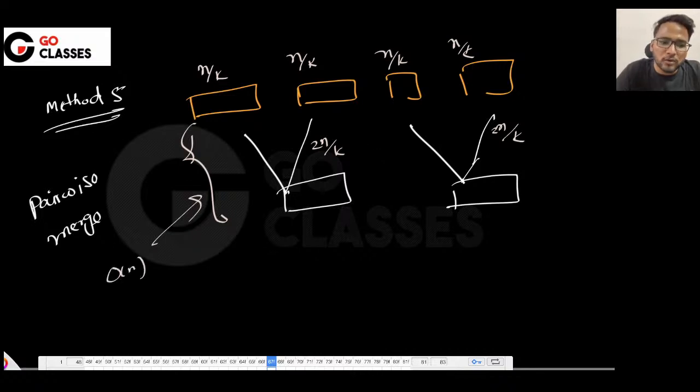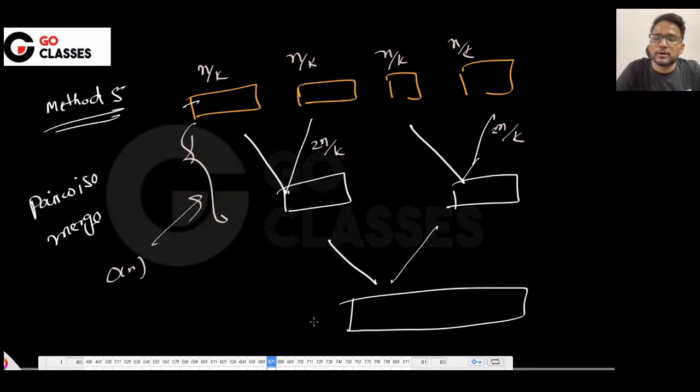Basically the total cost here is always order of n, because you are moving all the elements from here to here, and you have n elements, so it is just order of n. Then you again do it, and finally you will have one complete array, and at each level you incur a cost of order of n.